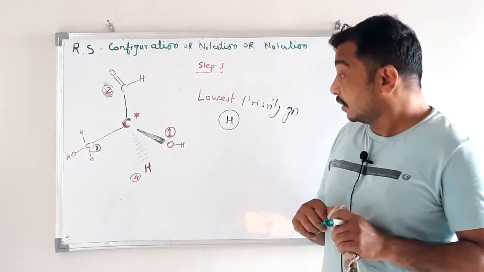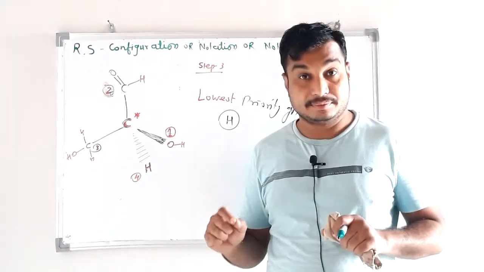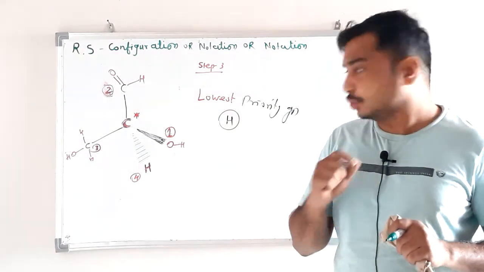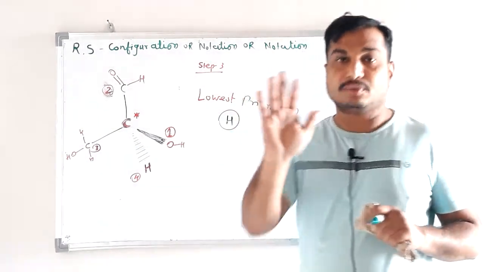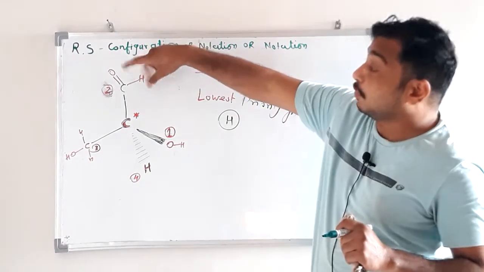Now what care do we have to take? The lowest priority group should be on the back side, the rear side. Suppose it is not on the back side, it is on the front side. Then what do we have to do? Then rotate this molecule.